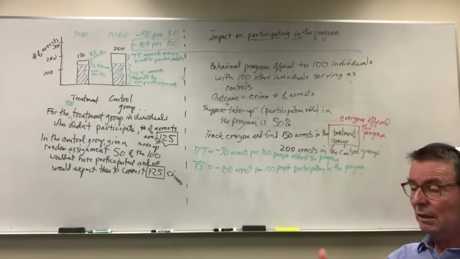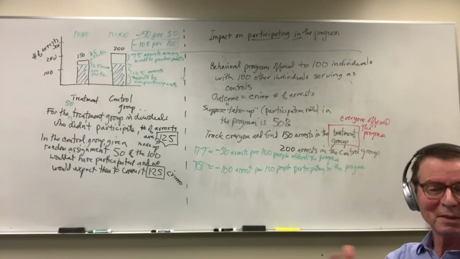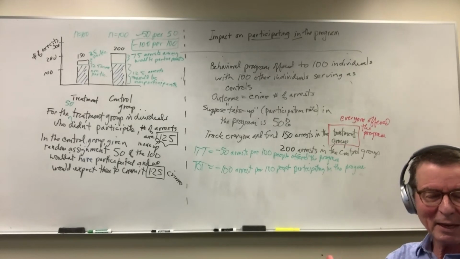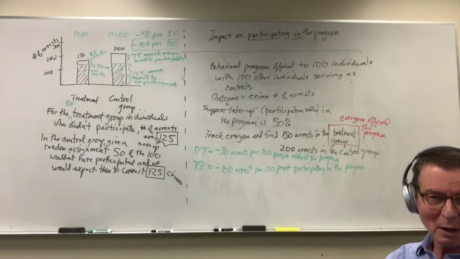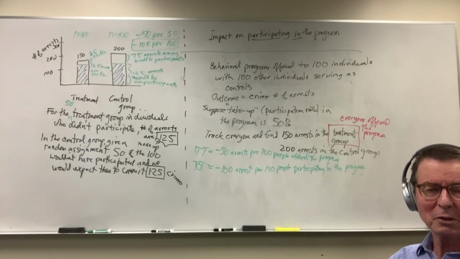That's quite a conceptual problem, because if you don't know this distinction and casually read about the impacts, you don't realize it's the impact of the offer, and participation wasn't universal.